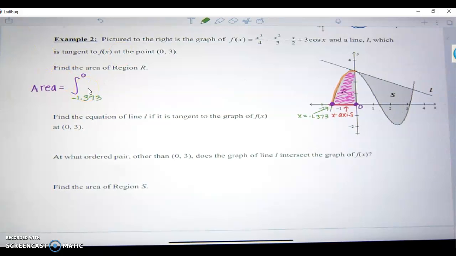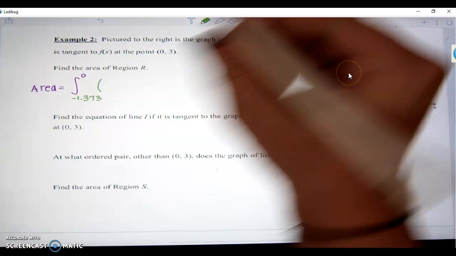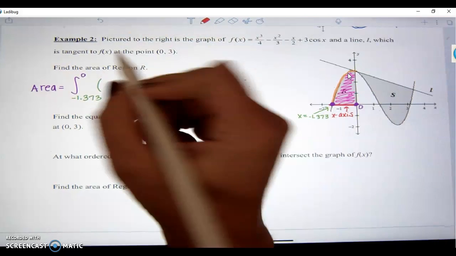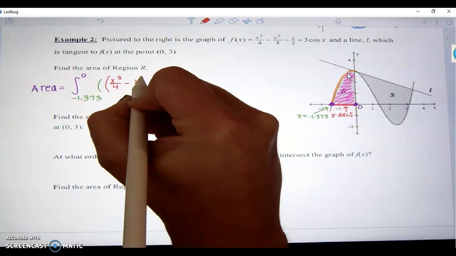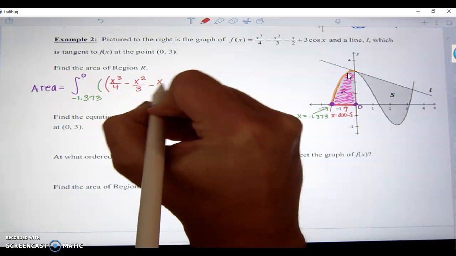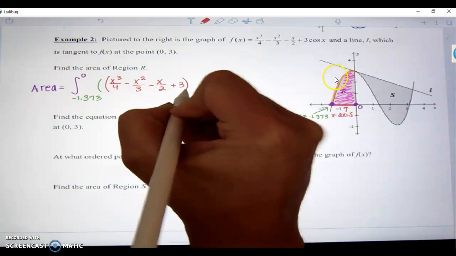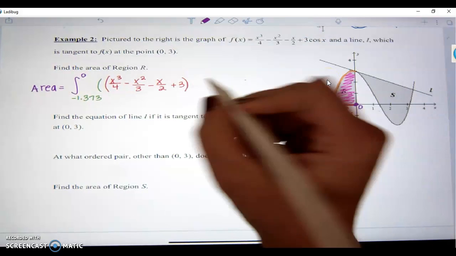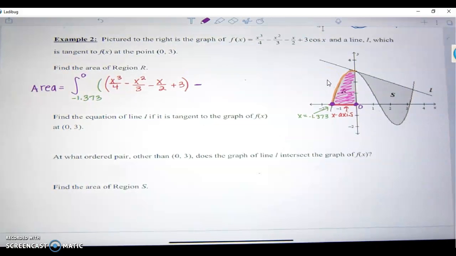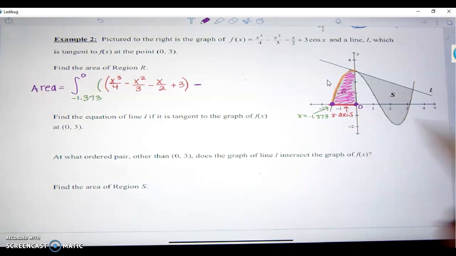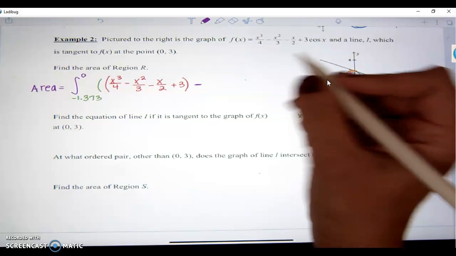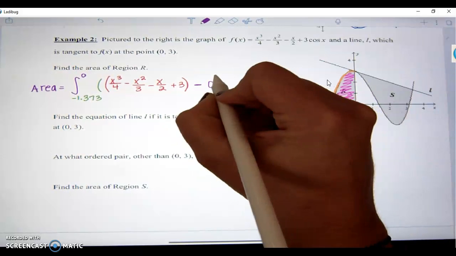Okay, so remember when you're doing area, it's always top minus bottom. Well, this on top is the curve, so we're going to write our equation for our curve. And then it's always subtract what's on the bottom. Technically what's on the bottom is just the x-axis here, and that equation for the x-axis would just be 0, so we could just put 0 here.